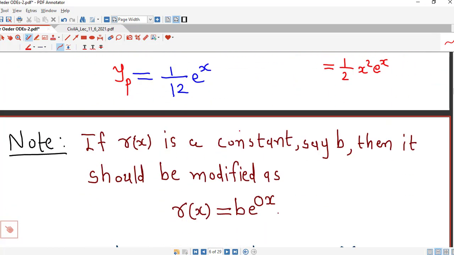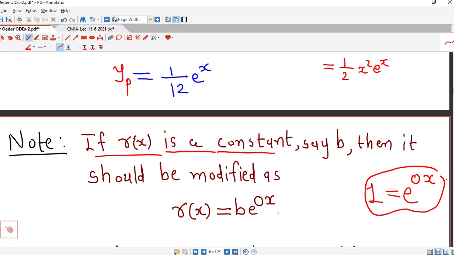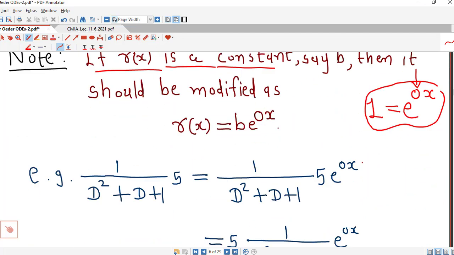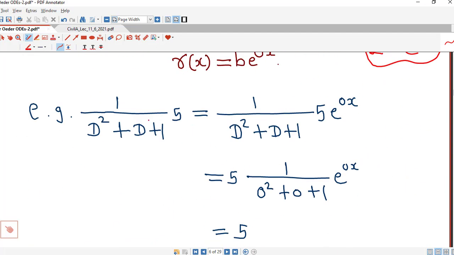Now if the right hand side is a constant, then also we can use this method, because we know that we can write 1 equal to e raised to 0x. In that case we have to put D equal to 0. For example, suppose we have 1 over D square plus D plus 1 and the right hand side is 5.